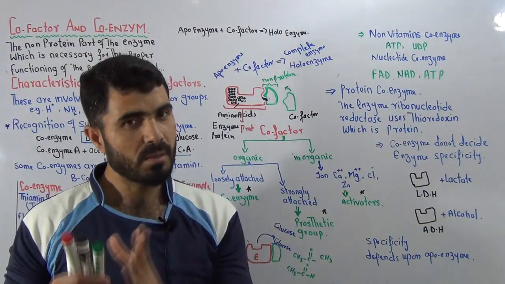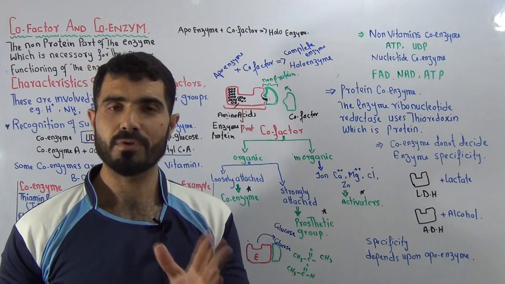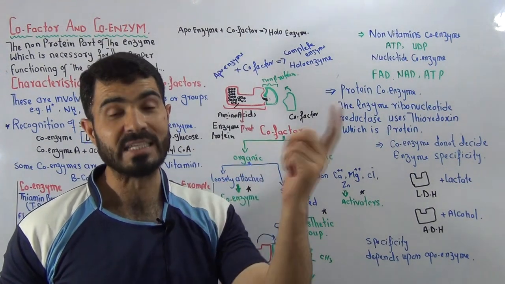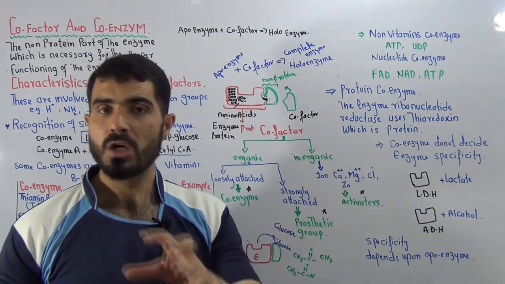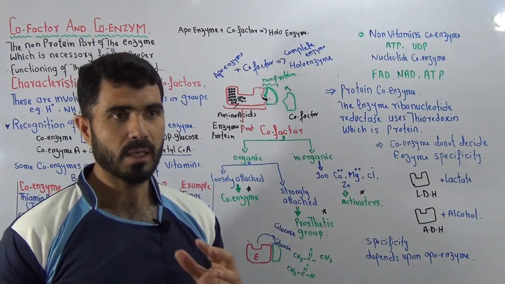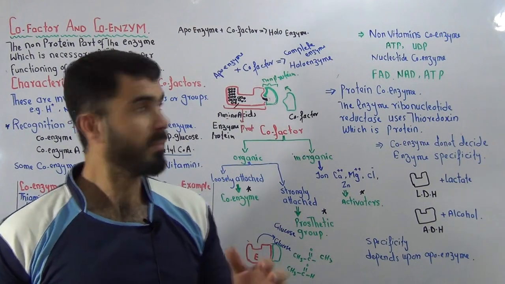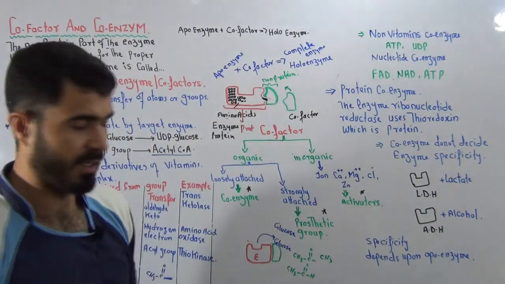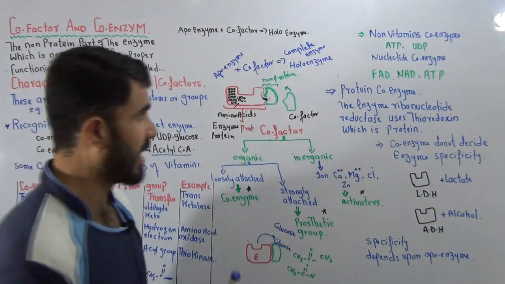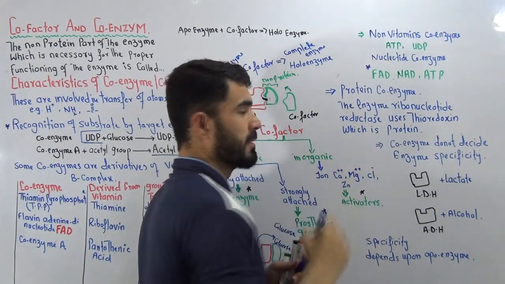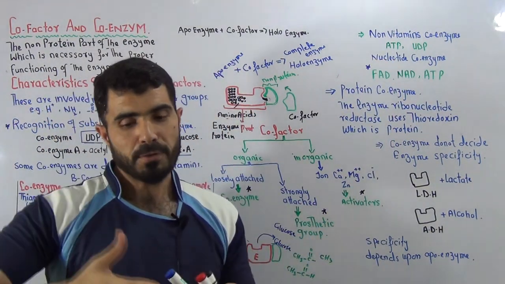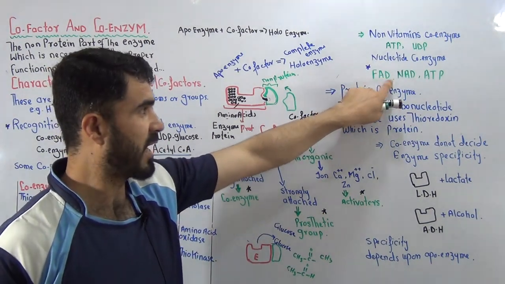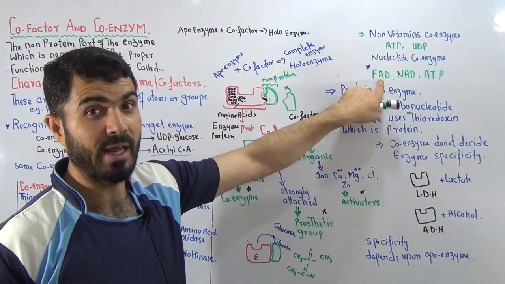And some of the coenzymes are from the nucleotides. You know, nucleotides are the smaller units of DNA, RNA, nucleic acid. So some nucleotides become coenzymes, like FAD. Now here is a very interesting thing: the FAD is from both sides. It contains flavin adenine dinucleotide. This A is for adenine.